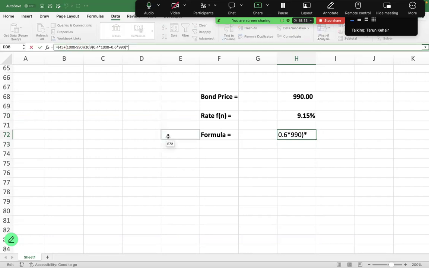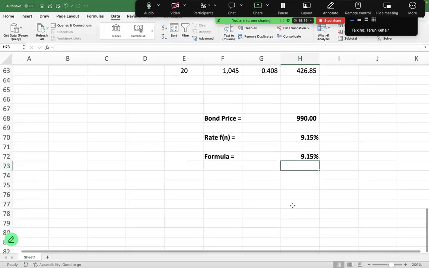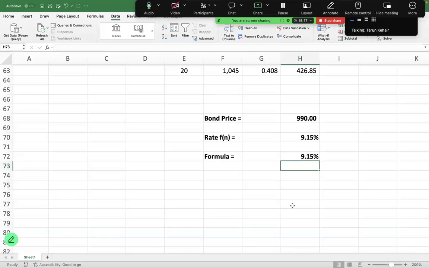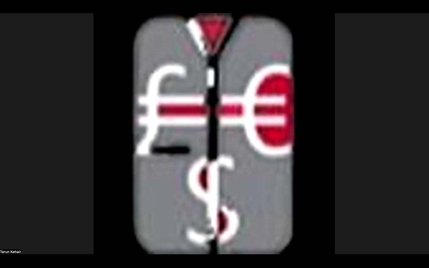This I will then multiply by 2. And here also I am getting 9.15%. So all three methods, whether we use the tabular approach, or the rate function, or the formula, all three are going to get you the same result of yield to consider. So that brings us to the end of this video.